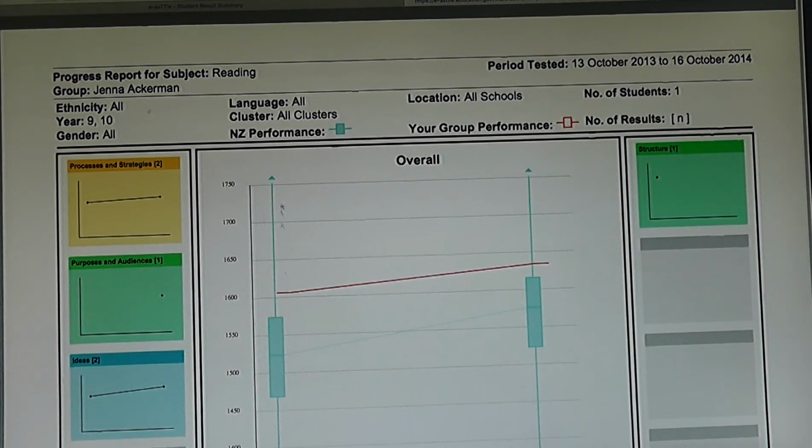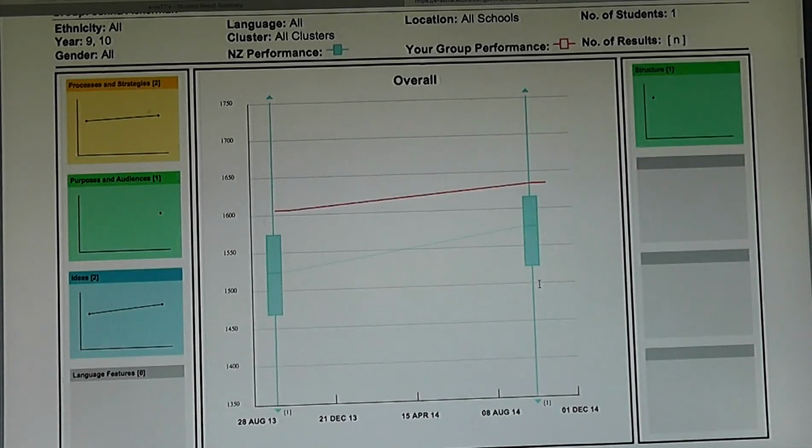She was at the top end of the whisker, because she was above that there. But by the end of year 10, it looks to me as if she might have dropped down a little bit, but not by very much, because the whisker, the majority here, the 50% in the middle, has actually come up a little bit, because people across the country have made a little bit of an improvement.